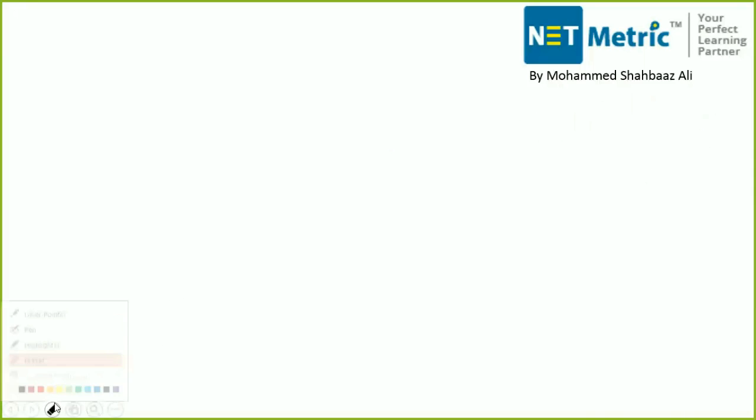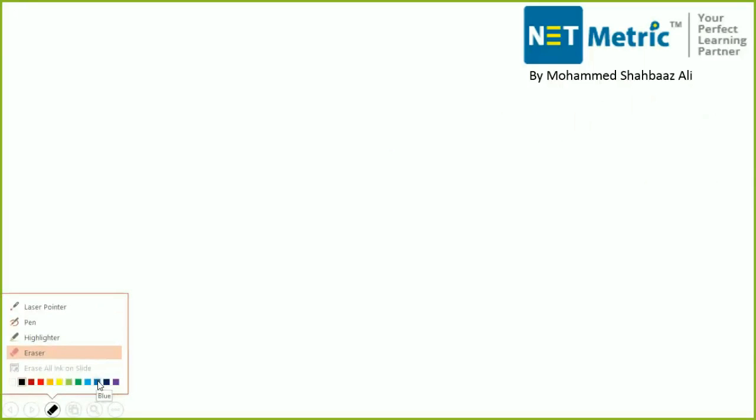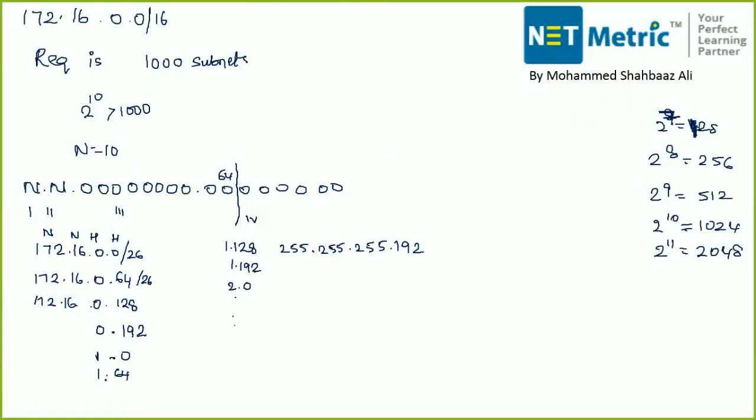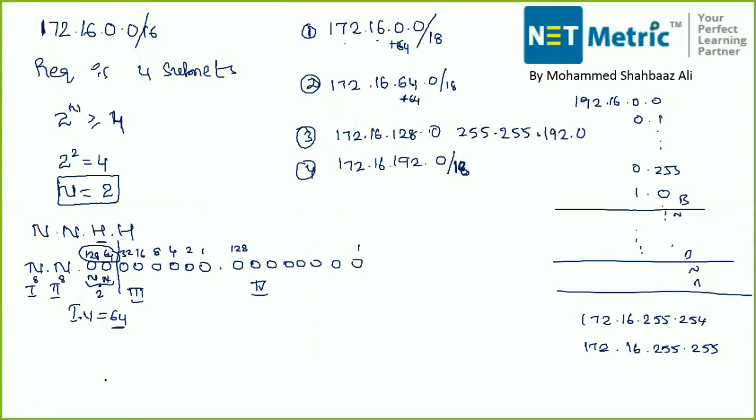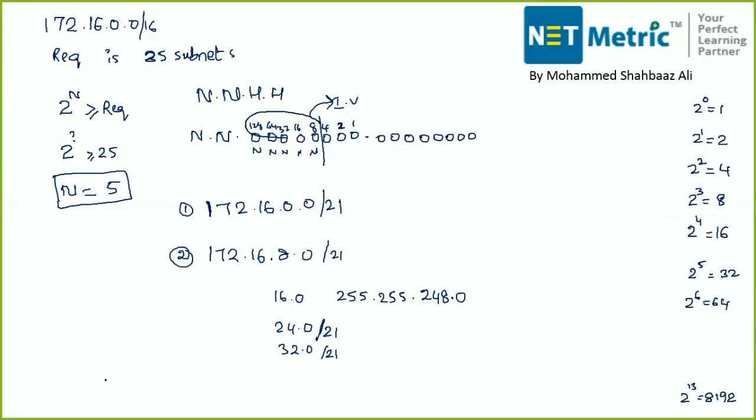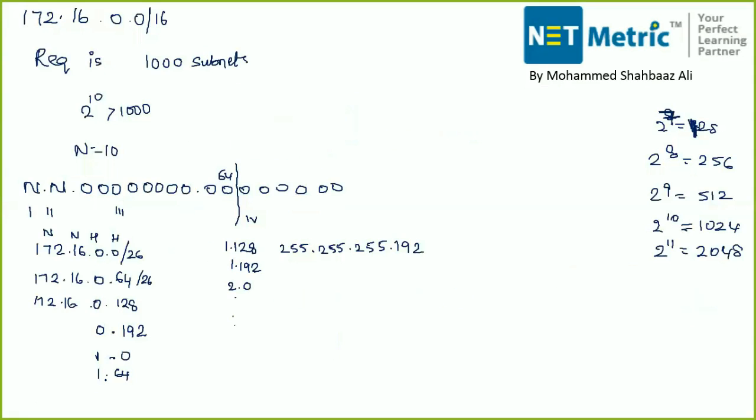We were not bothered about how many IPs we are getting in each subnet. We were just bothered about dividing into 4 networks, 25 networks, or 1,000 networks, making sure at the end that we get the desired number of subnets.